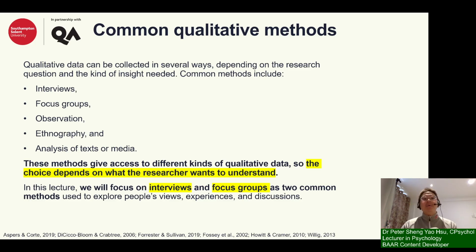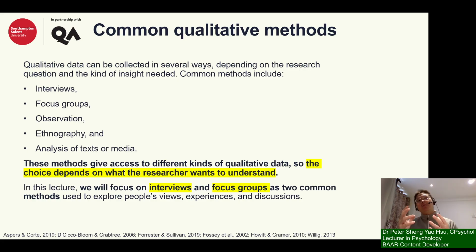For example, if we want to understand shared experiences among mature students, such as common barriers to attending classes or shared views about university support, a focus group may be useful because participants can respond to or build on each other's experiences.